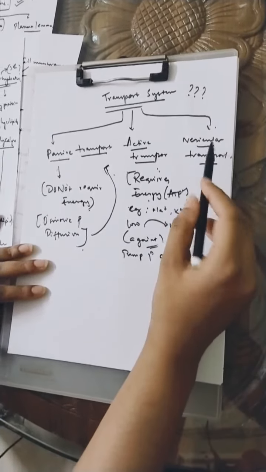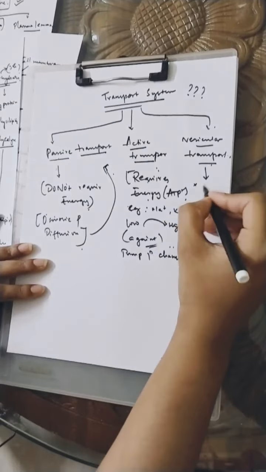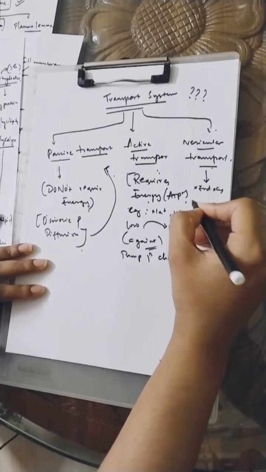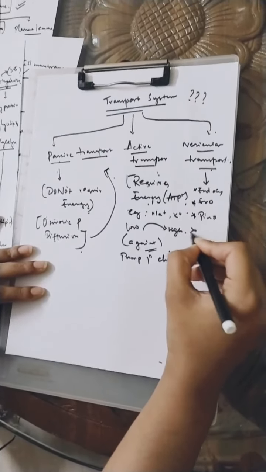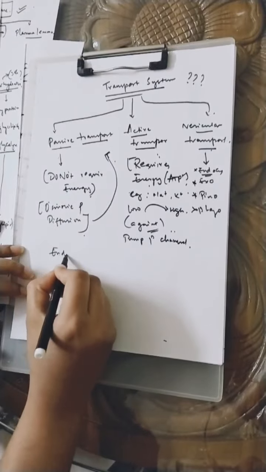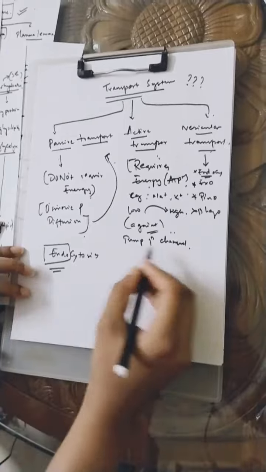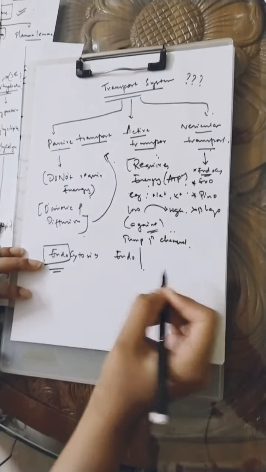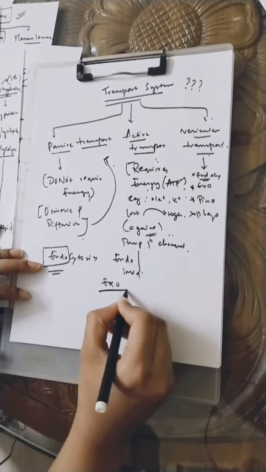When we consider vesicular transport, it involves endocytosis, exocytosis, pinocytosis, and phagocytosis. What is endocytosis? Here endo means inside, and exo means outside.